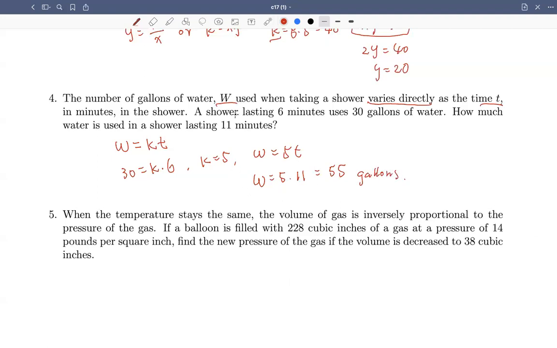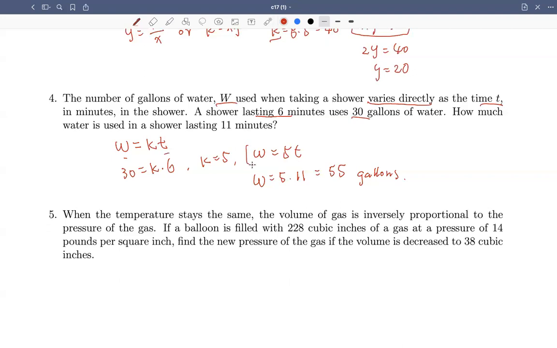Okay, so varies directly is W equals KT between those two variables. Think W as Y, T as X. Then we put the data given into the right spots. So 6 is time, so we substitute T. 30 gallons is water, we substitute W. Then out of this relation, we get the constant K equals 5.